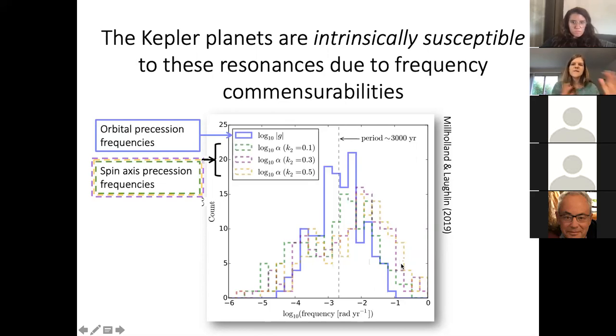Therefore, as the system is evolving early on and the G and alpha frequencies become commensurable, these systems can evolve into these resonant encounters that make large planet obliquities. Thus, these high obliquities should be a frequent occurrence for these close-in planets.